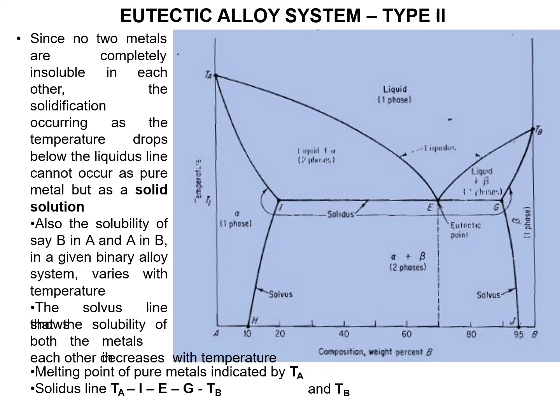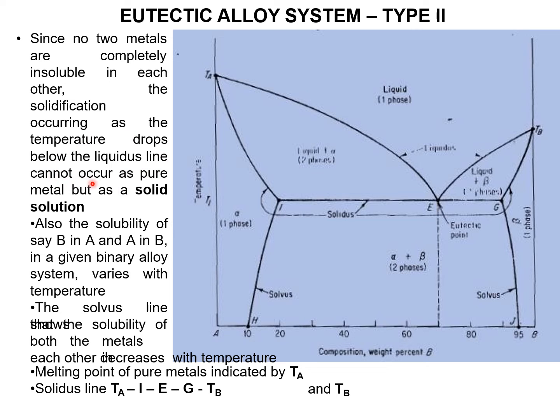Now we will see the eutectic alloy system type 2. Here in type 2, normally no two metals are completely insoluble in each other. The solidification occurs based on this temperature. Slowly the temperature goes down, and based on this the eutectic reaction will happen.